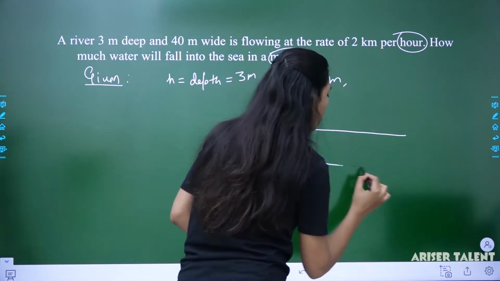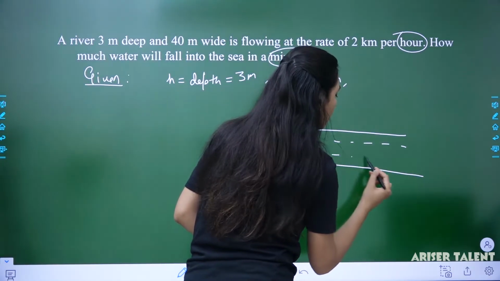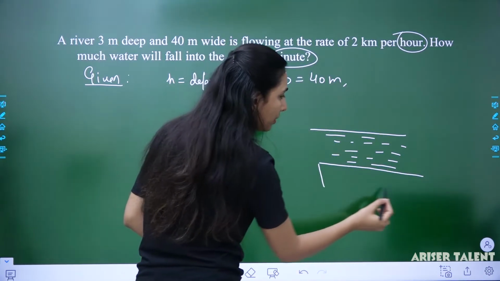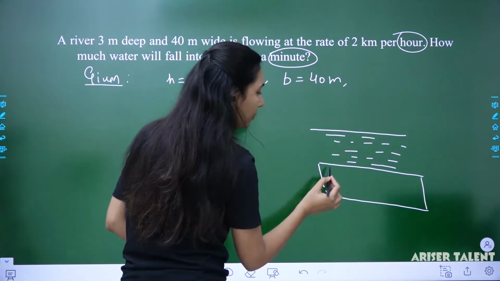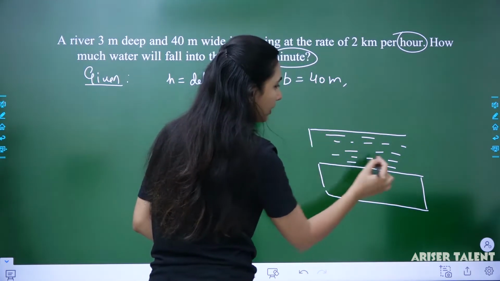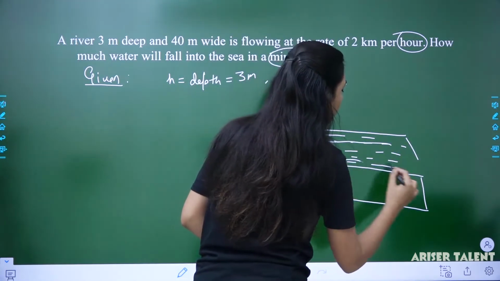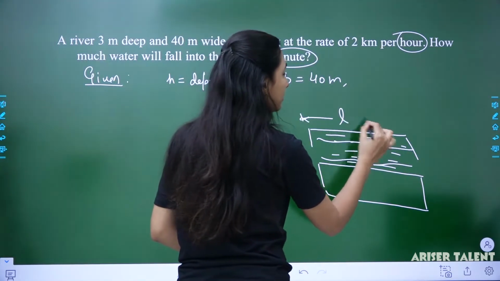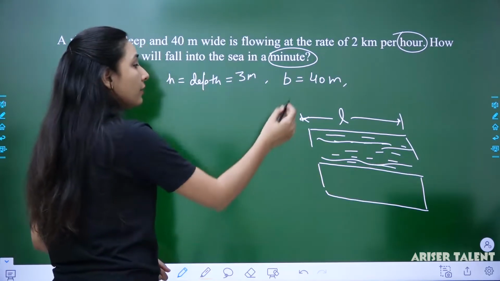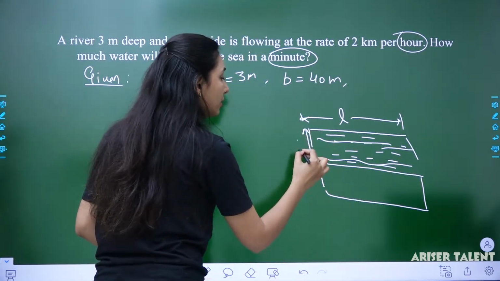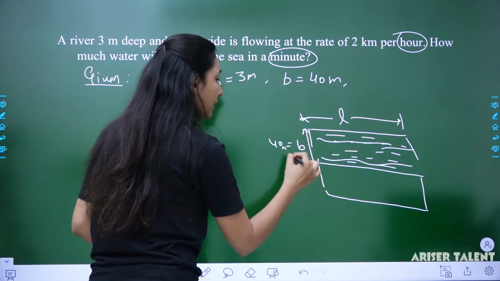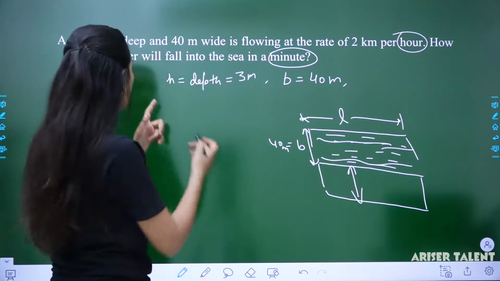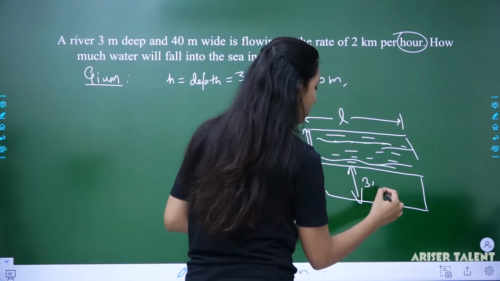It's a river flowing, so it should have some depth. Let's suppose it's having a depth here, the water is running. Now this will be the length. The width will be this, which is given, and this is the depth or the h, which is given as 3 meters.